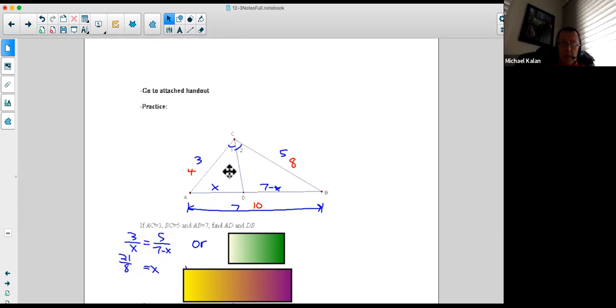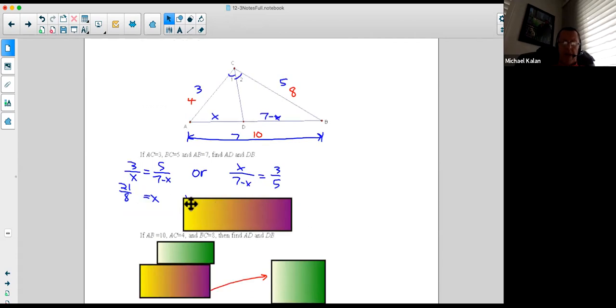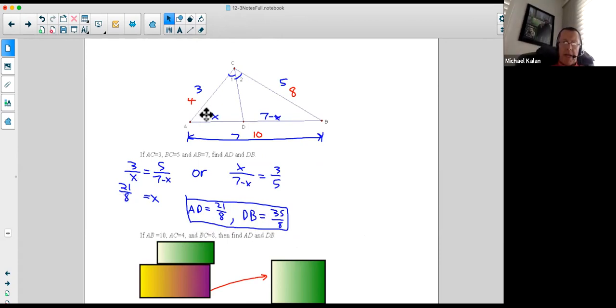Well, we know that we could say 3 over X is equal to 5 over 7 minus X. Another way to think of this is we could say 3 over 5 is equal to X over 7 minus X. It doesn't really make a difference. And you can see both of those there. Either way, when you solve these, you're going to end up getting X is equal to 21 over 8. And if X is equal to 21 over 8, well, that's what AD is.